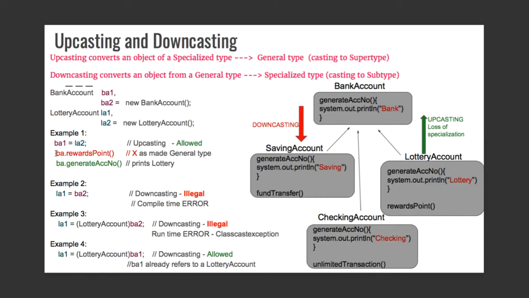So if you try to access BA.rewardsPoint, you will get an error because you cannot access rewards point. That's because the implementation of lottery account object prints lottery.